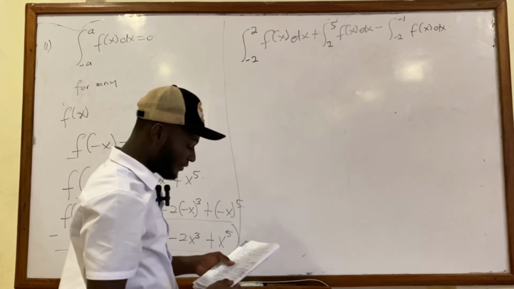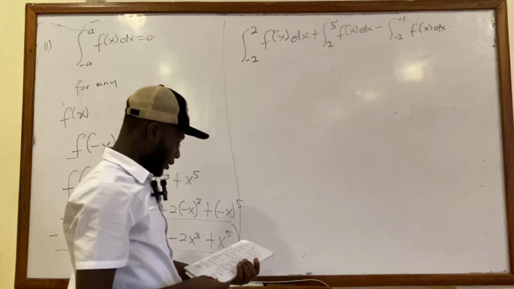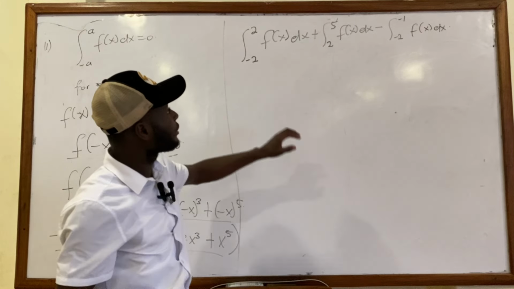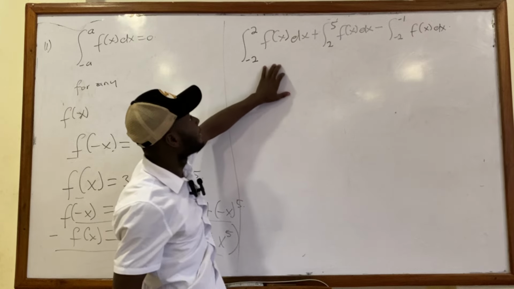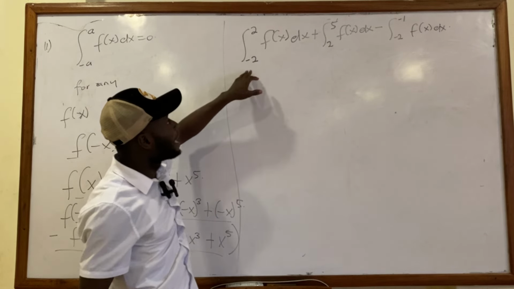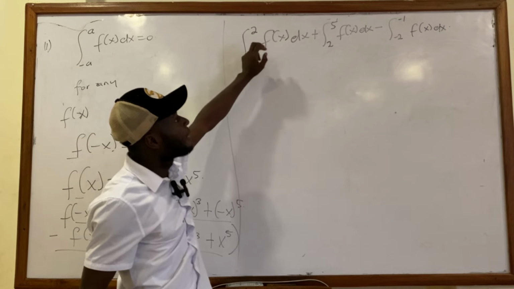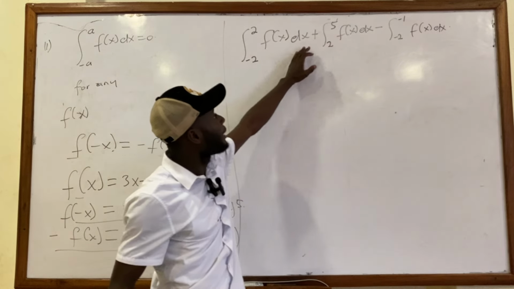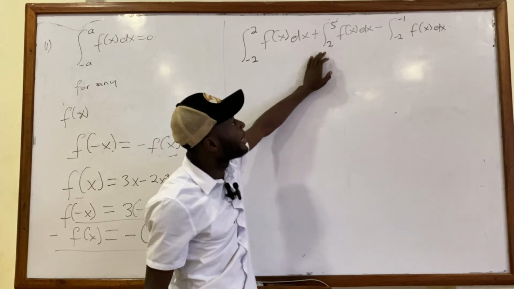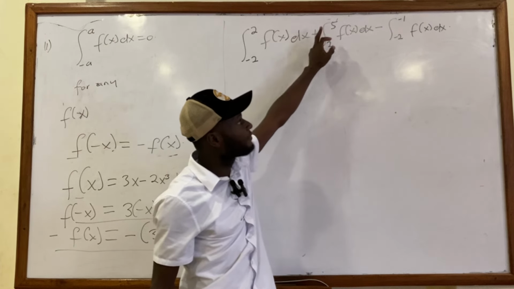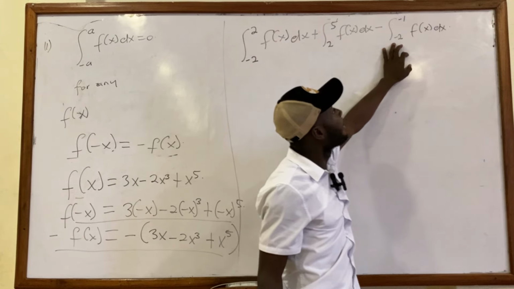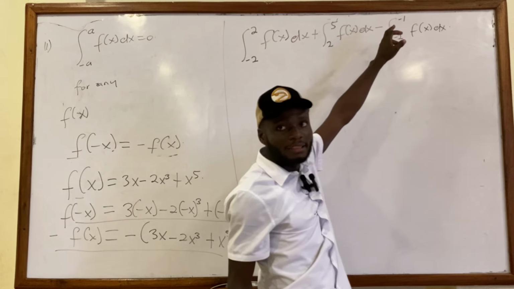So we want to verify, we want to combine these particular three functions. The integral of a particular function f of x from a limit of -2 to 2 with respect to x plus the integral from 2 to 5 minus the integral of this particular function from -2 to -1.